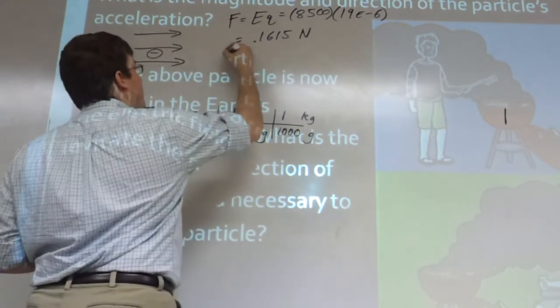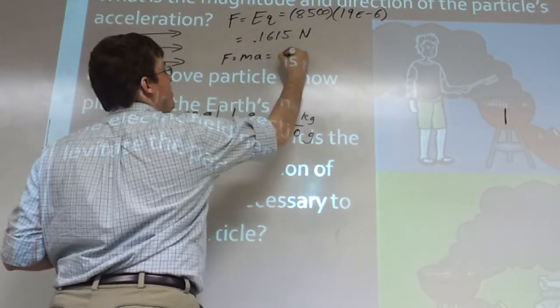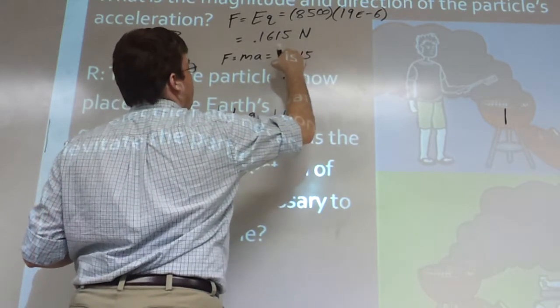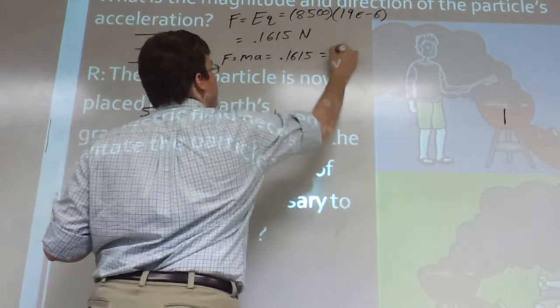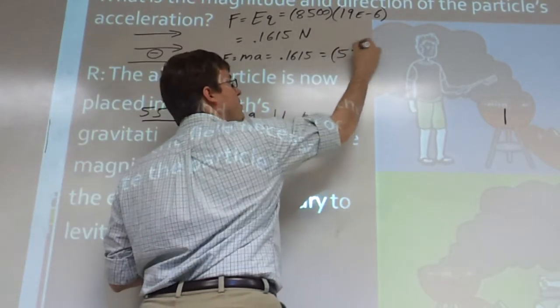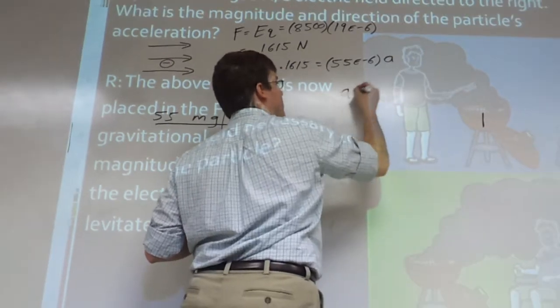Okay, so force equals mass times acceleration. Force is the thing we just found, 0.1615, equals mass, 55e negative 6, times acceleration.